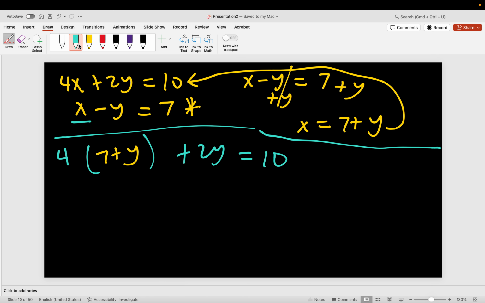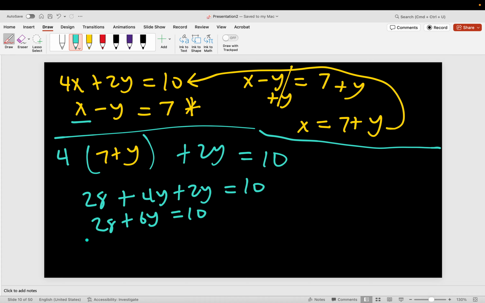Okay, let's finish it. 4 times 7 is 28, and 4 times y is 4y, plus 2y equals 10. So this is 28 plus 6y equals 10. We're going to subtract 28 from both sides of my equation. So 6y is -18. And I'm going to divide both sides by 6.